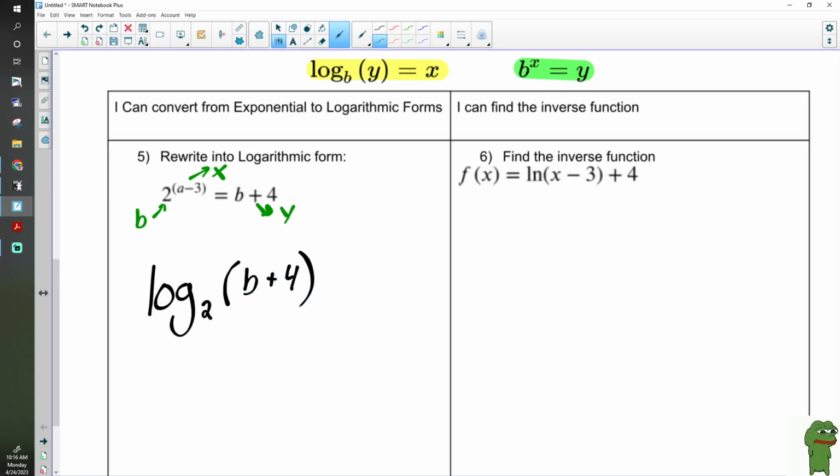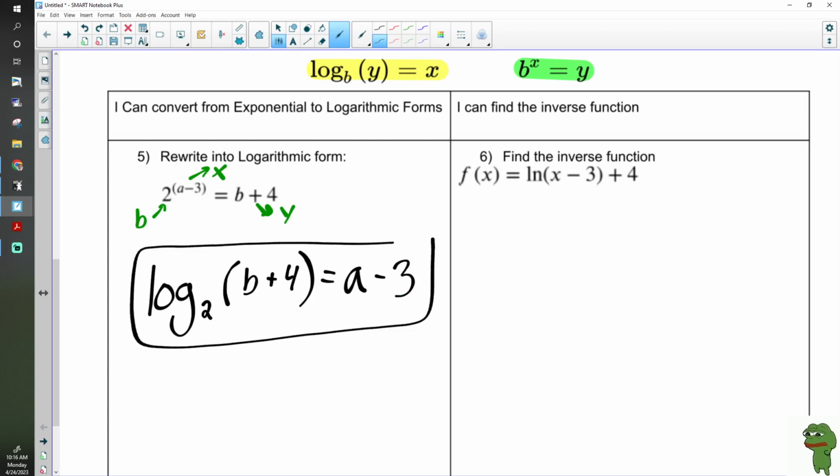And that's going to be equal to the x, the exponent, which was a minus 3. That's it. We rewrote our exponential into a logarithm. Done.